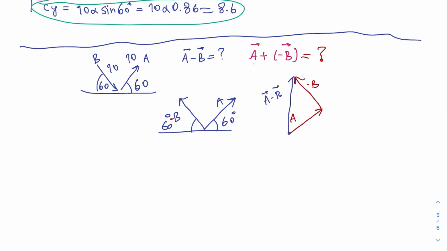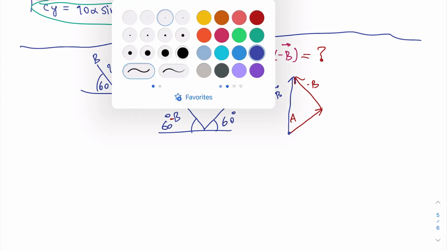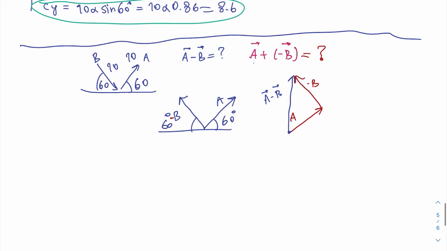In this case, I'll just write down very quickly. Let me use another color. Okay. So vector B needs to be broken down into two components, Bx and By, and also vector A, Ax and Ay.